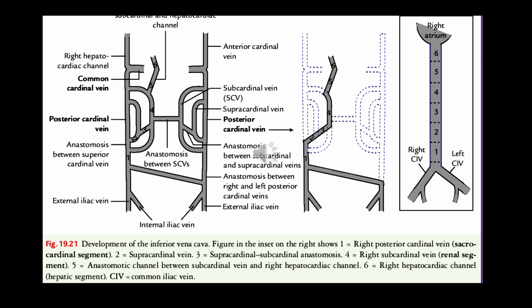Then still more, there is another set of veins called the subcardinal veins, right and left, which are joined to each other by the intersubcardinal anastomosis, and the supracardinals also will be connected to the subcardinal system of veins.